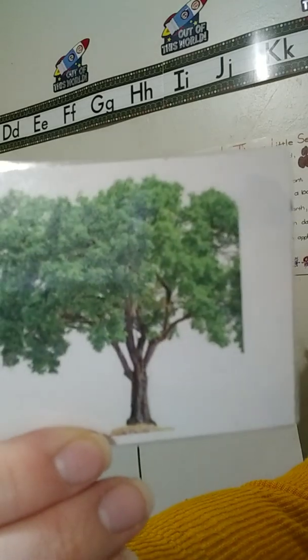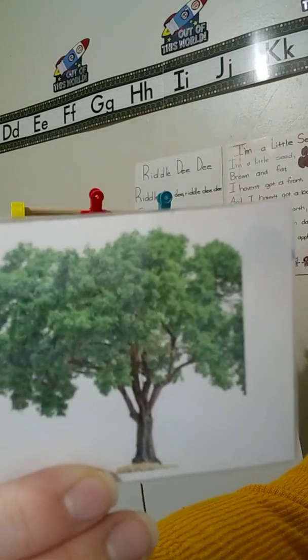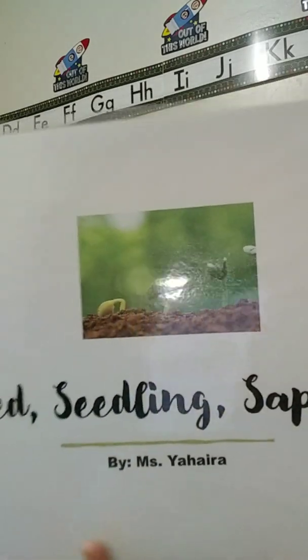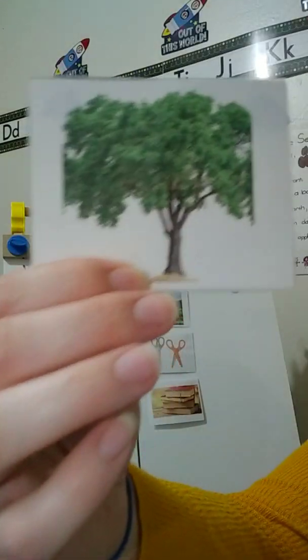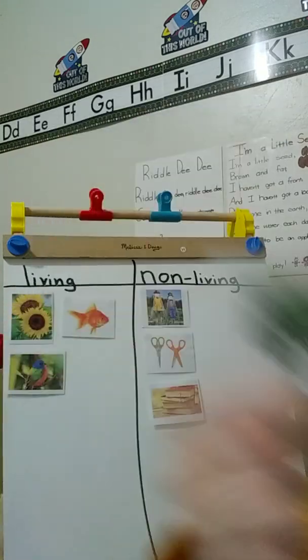How about this big tree right here with the leaves and the trunk? We spoke about this yesterday. Remember how it keeps growing from a seed to a seedling to a sapling, and turns into a tree. So is it living or non-living? It is living.